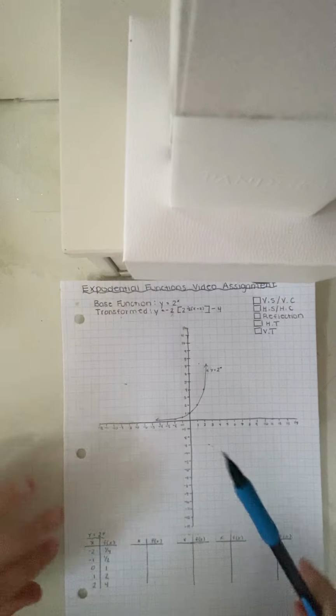Minus 1 minus 4 would equal minus 5. This would equal minus 6. That would be minus 8. This would be minus 12. So that means that these are my final coordinates. So when drawing this, that is my final function.